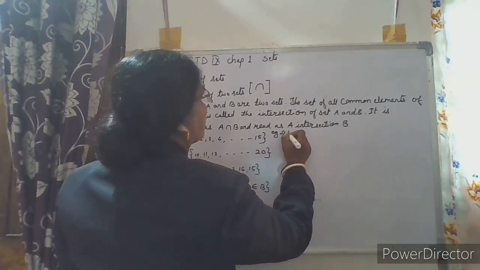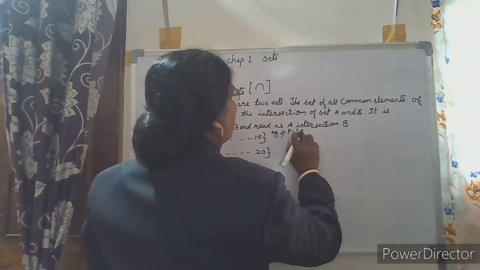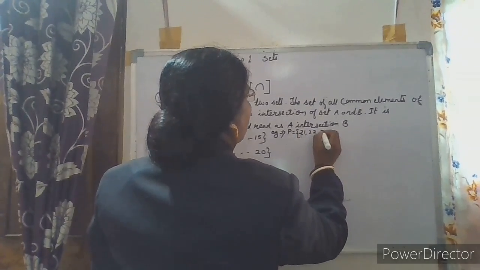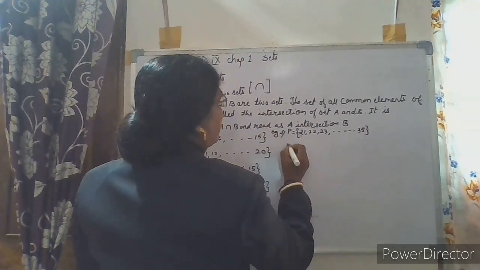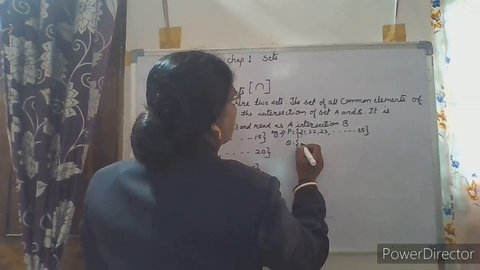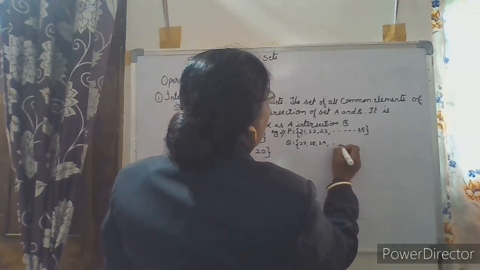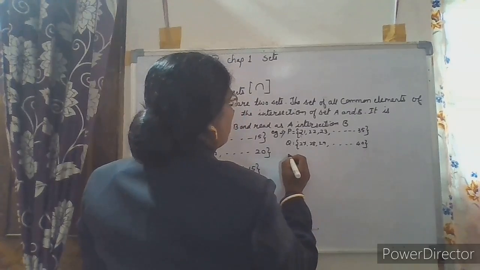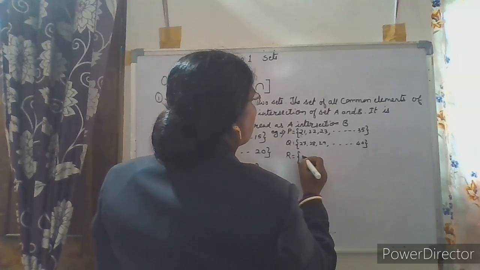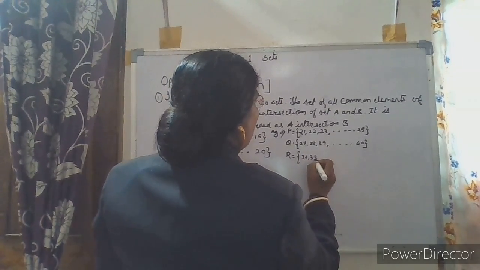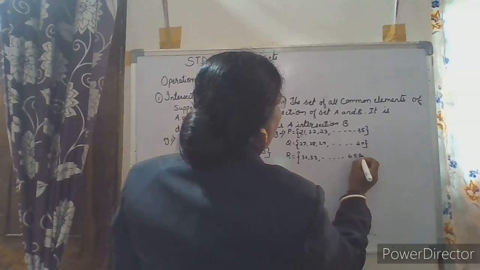If I take set P is equal to as 21, 22, 23 up to 35 suppose, then set Q is equal to as up to 40, set R is equal to as 32, 33 up to suppose 45.